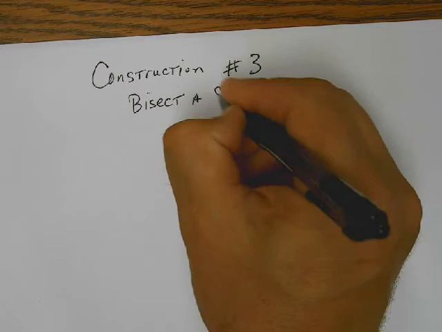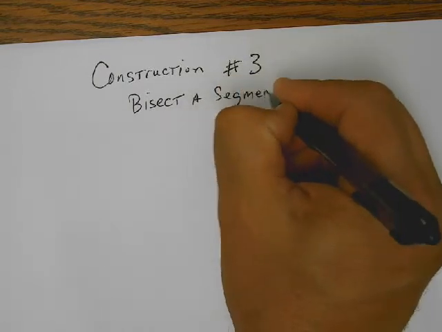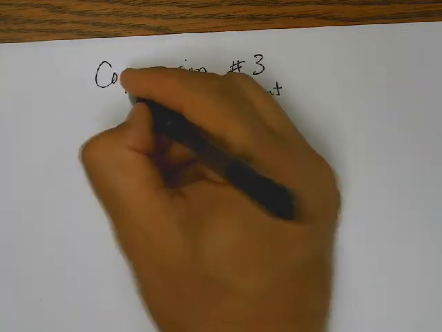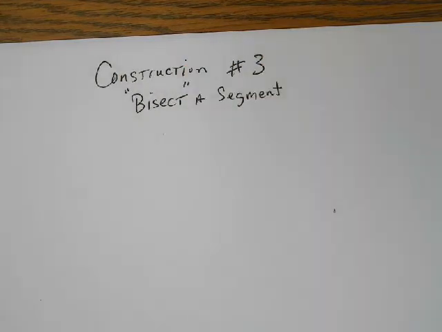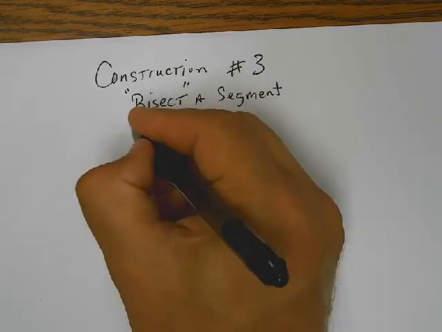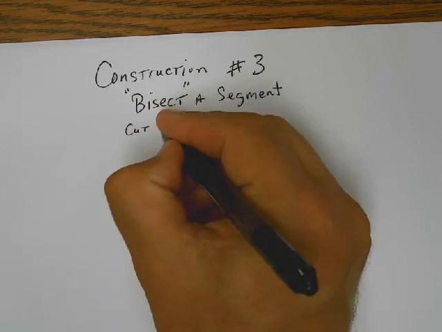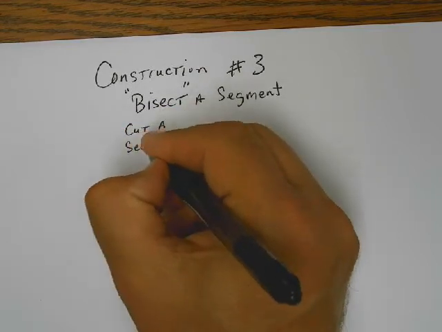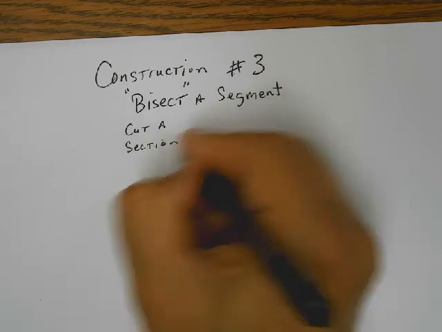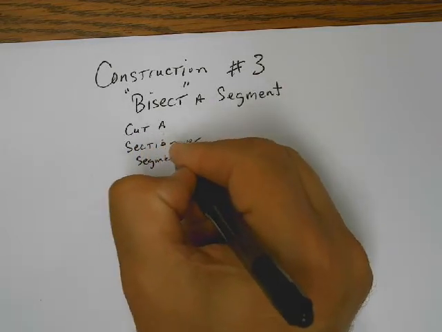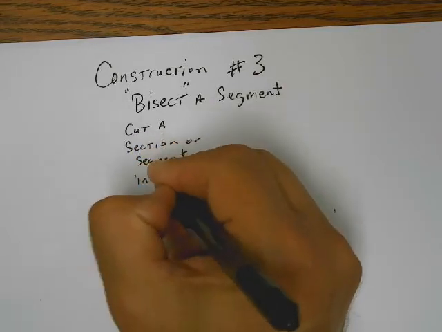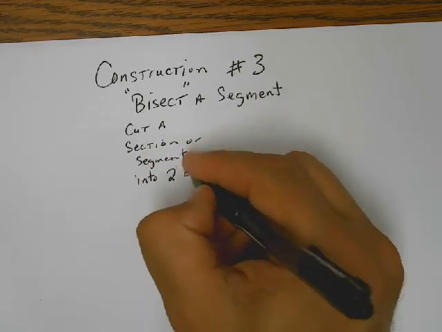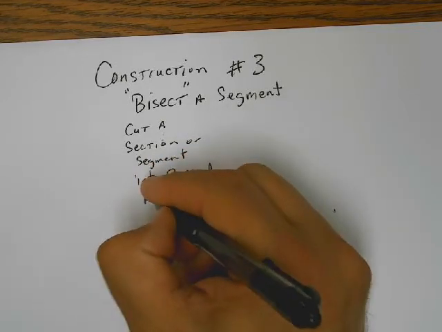Let's deal with some terminology. Does somebody want to offer up, in their words, what they think the word bisect means? Colin, you want to try it? That's perfect. Outstanding. Cut. I'll be a little bit more specific. Cut a section or segment into 2 equal parts.